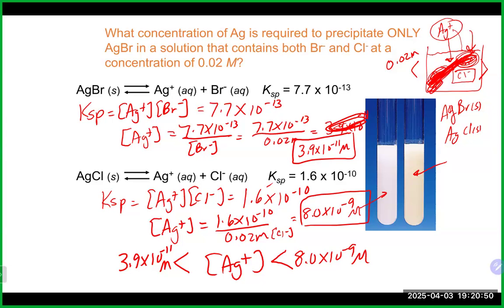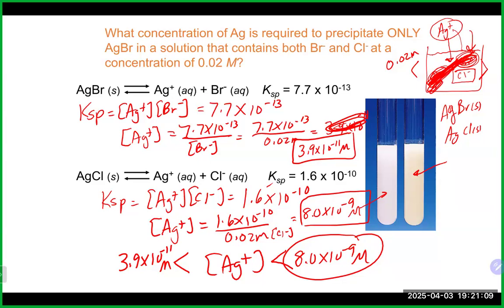At that point, you can then increase the concentration of silver to what we need to get the chloride out. And you can increase it to 8 times 10 to the minus 9 or above. And you will now start to see solid form again. And that solid at that point is going to be the silver chloride.